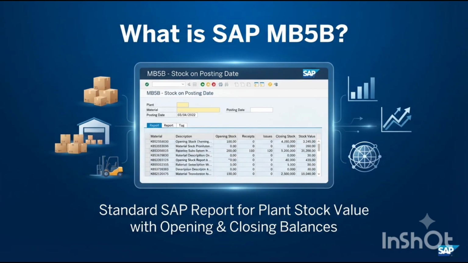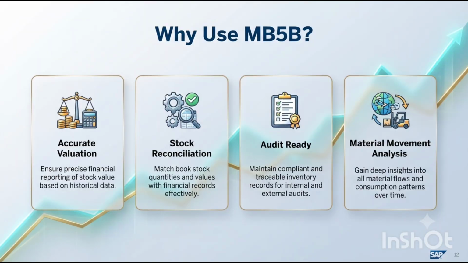Let's now understand why this transaction is considered a must-know for every SAP MM professional. Why should you master MB5B? Because it delivers accurate stock valuation on any historical date. It helps in reconciling inventory with finance, supports audit requirements, and gives clear visibility of material movements.